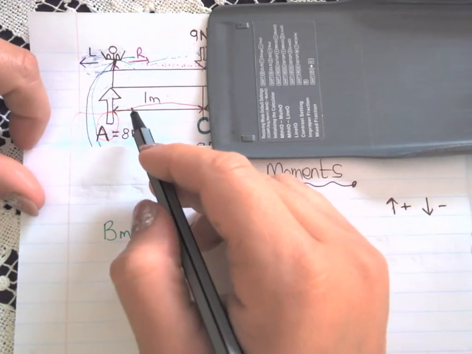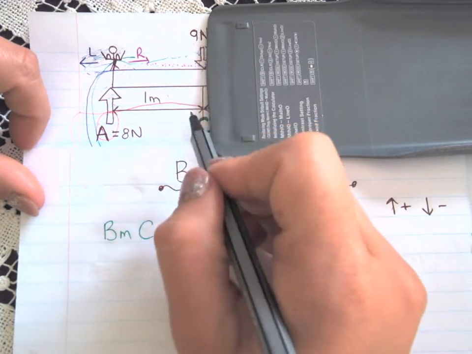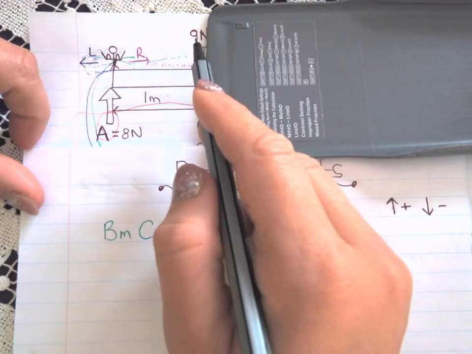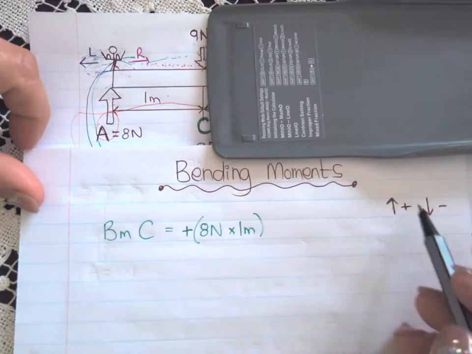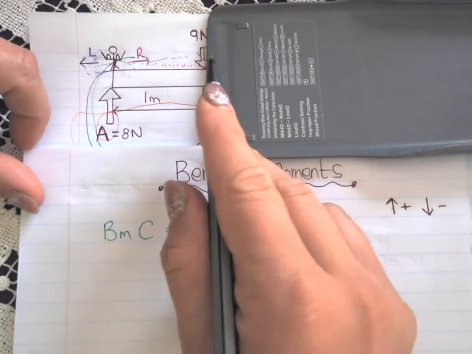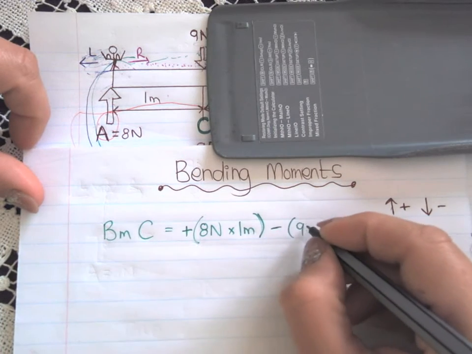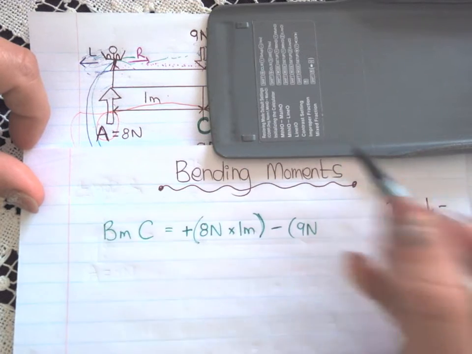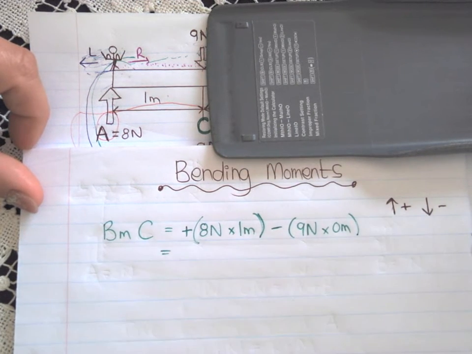Okay, so this is the only force here. But if you look at C, there is a force that is at C, right? It's right on top of it. So the 9 newtons is going down, and down means it's negative. So because it's pressing down on C, I'm going to say minus 9 newtons, and it's on top of C, so there's no distance, it's 0 meters.